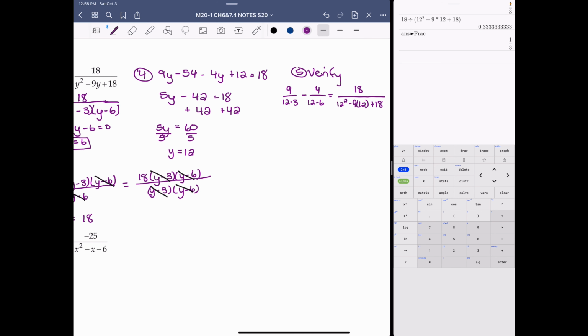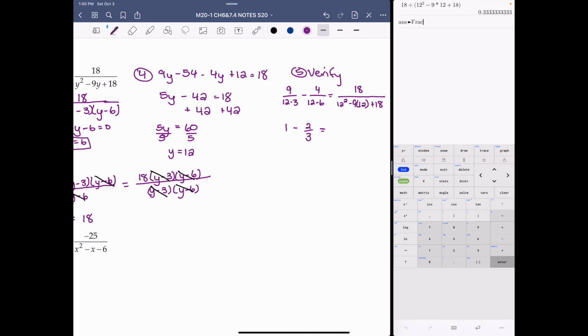9 over 12 minus 3 is 9, so 9 over 9 is 1, minus 4 over 12 minus 6 is 6. 4 over 6 reduces to 2 over 3 equals, I'm going to calculate the right-hand side, 18 divided by, bracket the denominator, 12 squared minus 9 times 12 plus 18, close the bracket, enter.